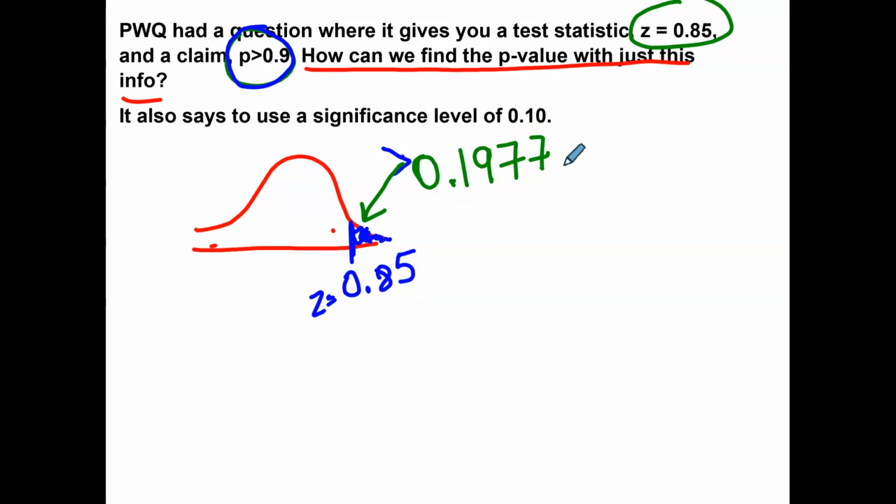Now, if you forgot to subtract from 1, and you get the score for this little piece of 0.8023, think about it. 0.8023 is 80%. This does not look like 80%. The whole area under the density curve is 100%. This does not look like almost all of it, right? This side looks like 80%. This side would be 1 minus 0.8023.